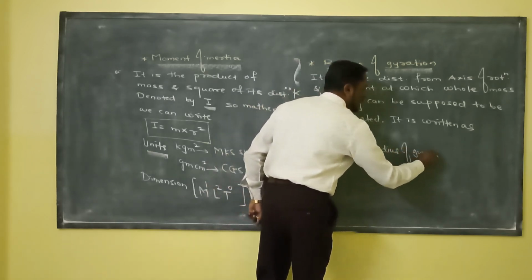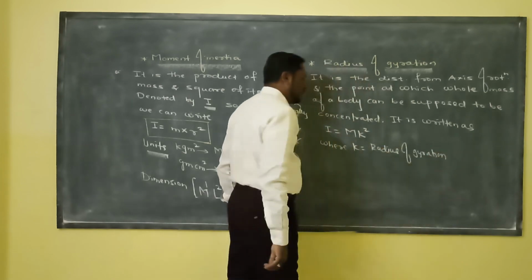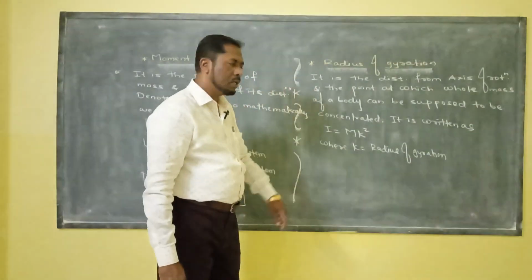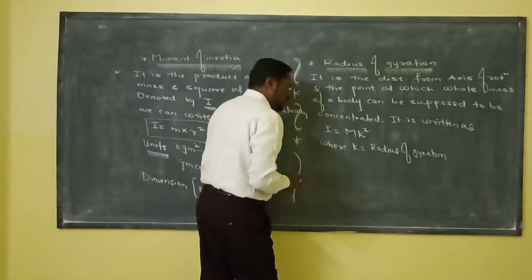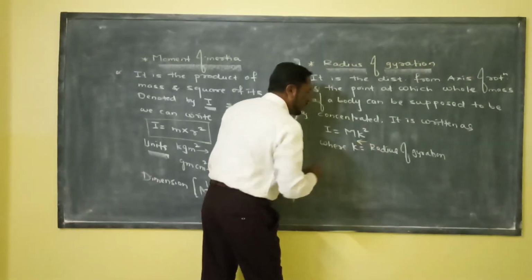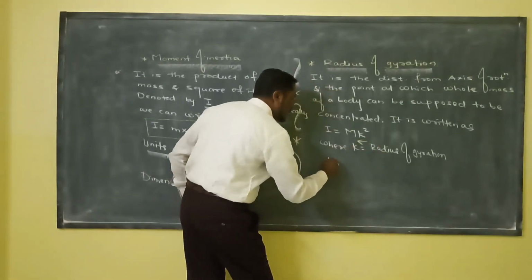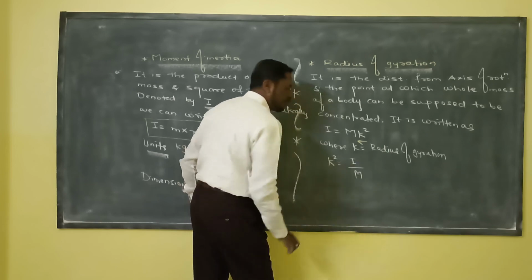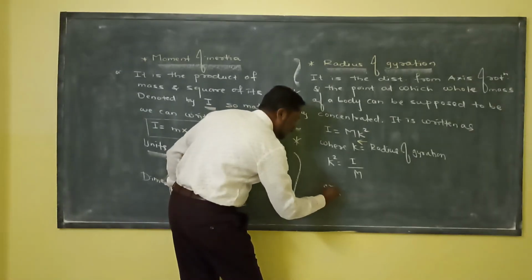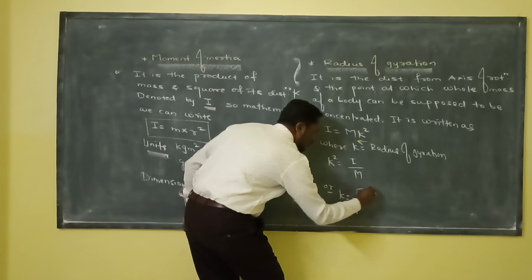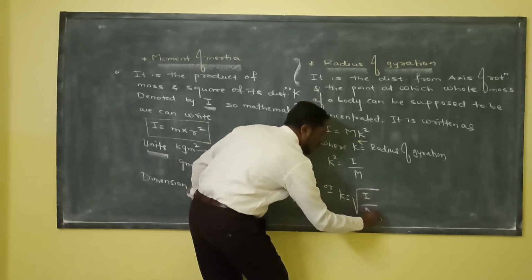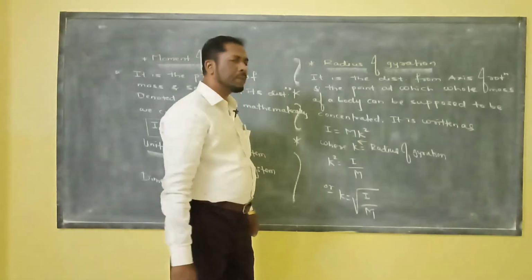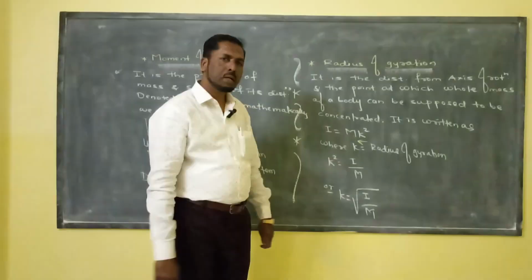So k square is equal to I upon m, or k is equal to under root I by m. This is the general formula for radius of gyration.